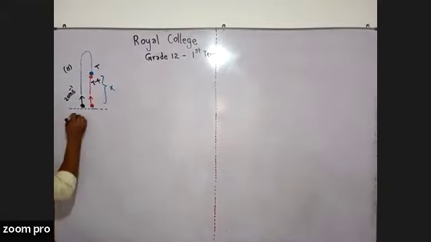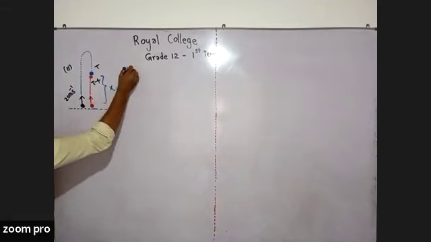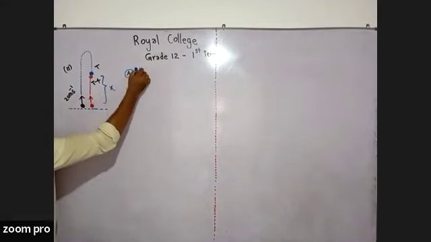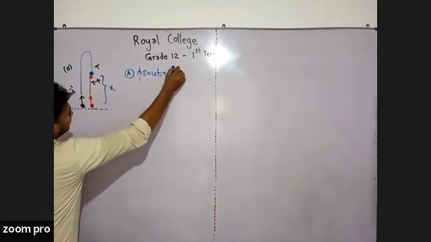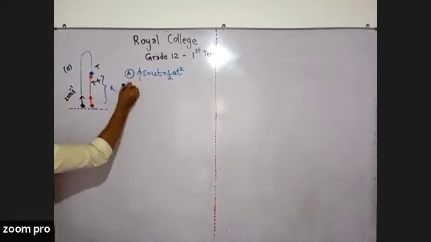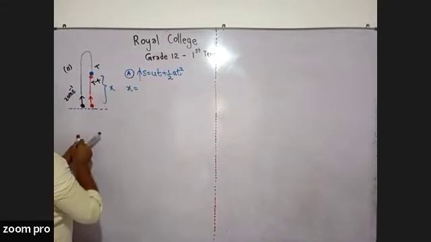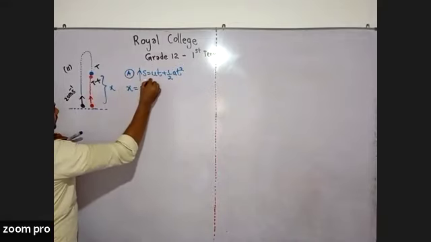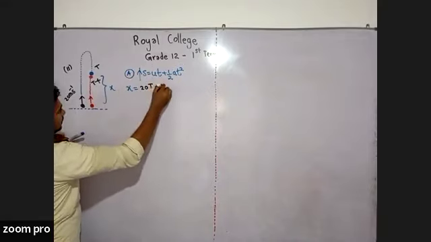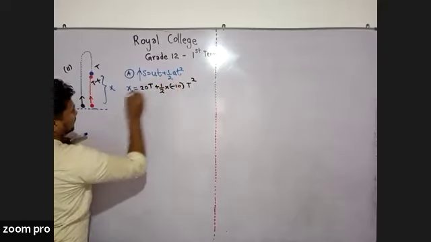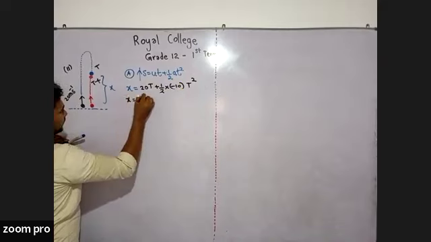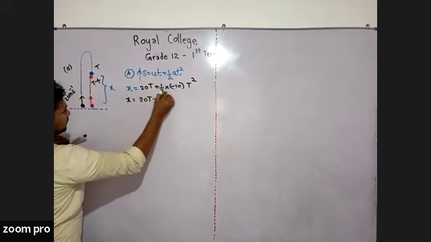Then let's apply an equation for the first object, let's call it A. I'm applying s equals ut plus half a t squared. Then s, which is x, equals 20t plus half times minus 10 into t squared. Then x equals 20t minus 5t squared.